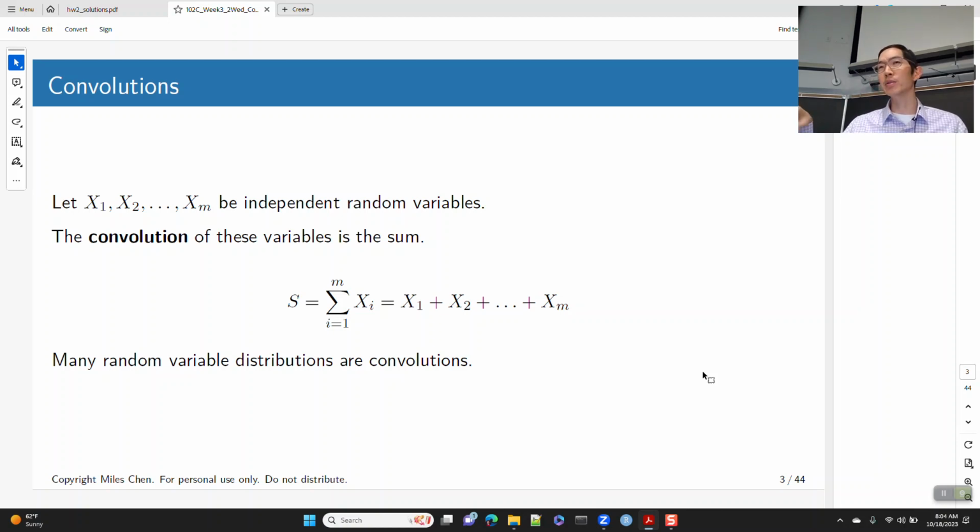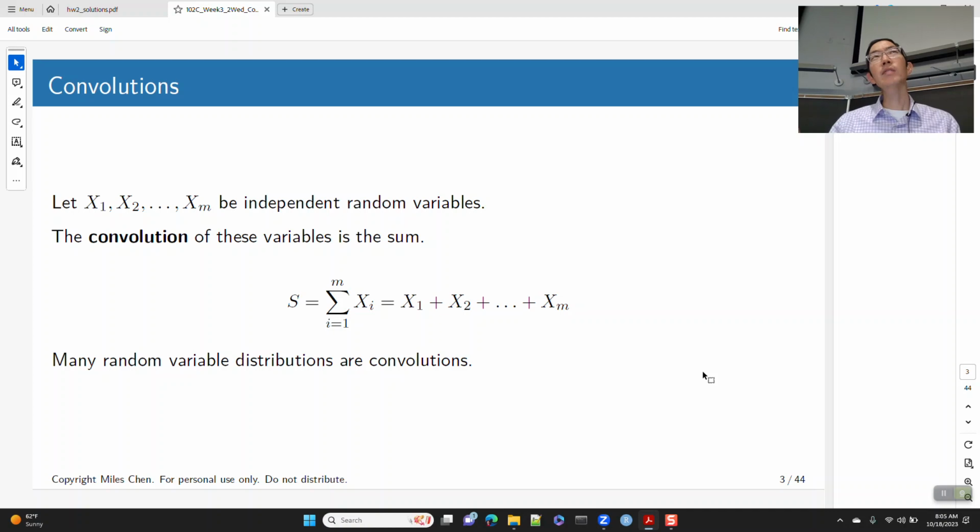So we either do some kind of transformation or operation, and add them together. So here we say, we have x1, x2 up through xm be some independent random variables, maybe uniform, maybe following some other distribution. And then the convolution is the sum of these random variables.